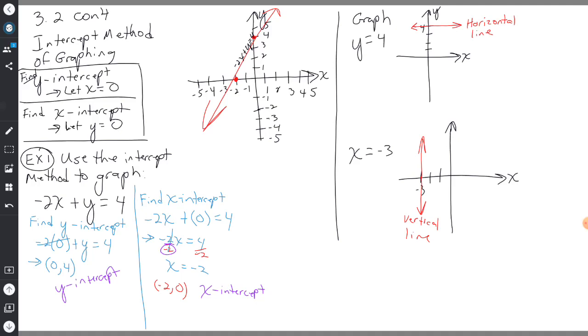Once we plot those points, we connect the line, and we have our graph there. This is our y-intercept and our x-intercept plotted.